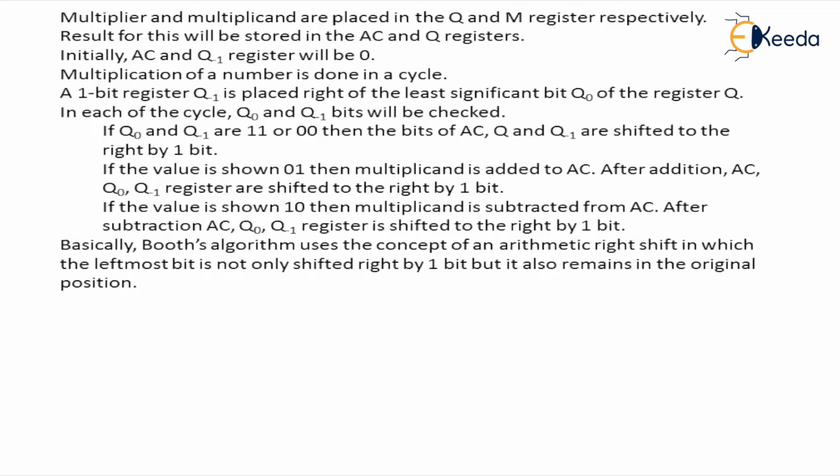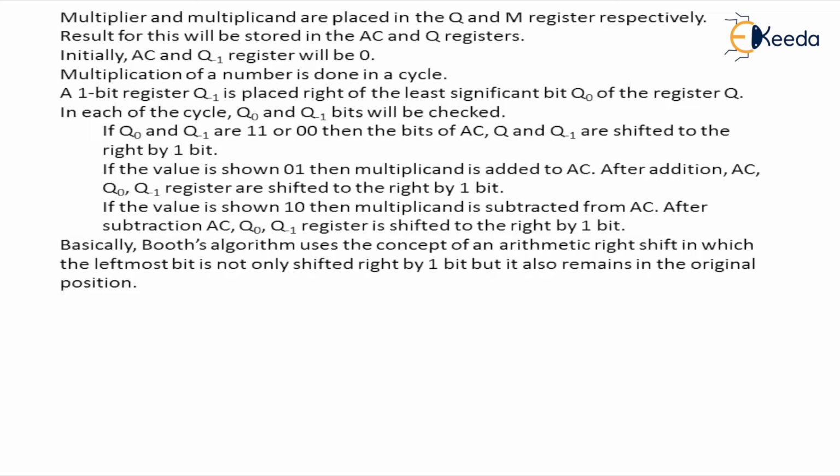Multiplication of a number is done in cycles. As the 1 bit register Q minus 1 is placed to the right of the least significant bit Q0 of register Q, in each cycle the Q0 and Q minus 1 bits will be checked, and these bits will decide what the next operation will be.